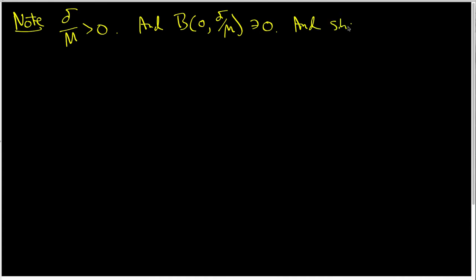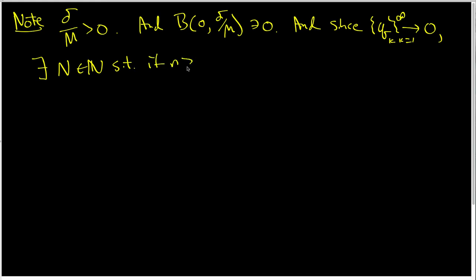And since the qk sequence is known to converge to 0, there is a capital N inside the natural numbers such that if little n is bigger than or equal to capital N, then Qn has to be inside this delta ball.